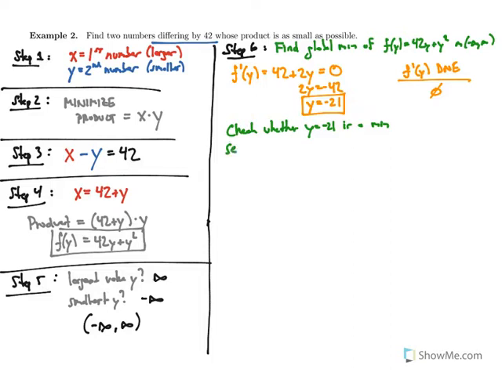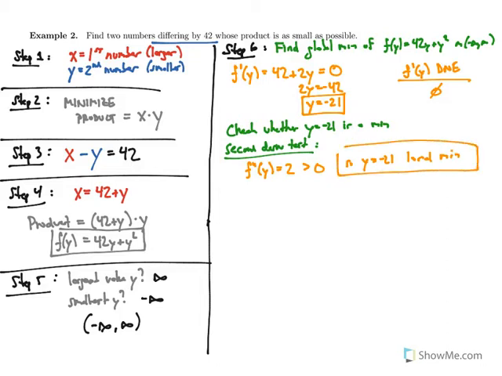And let's use the second derivative test to do this. The second derivative here is easy to find. It's just 2. That's greater than 0. So at y equals negative 21, we have a local min.